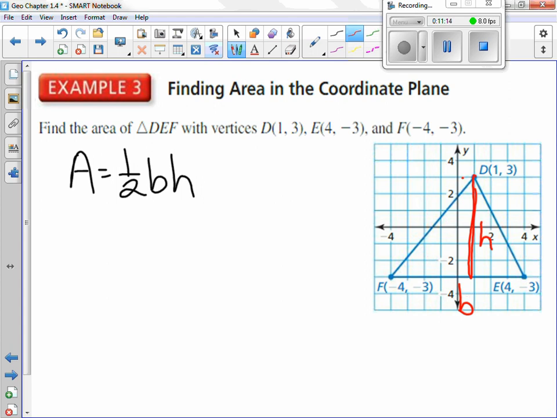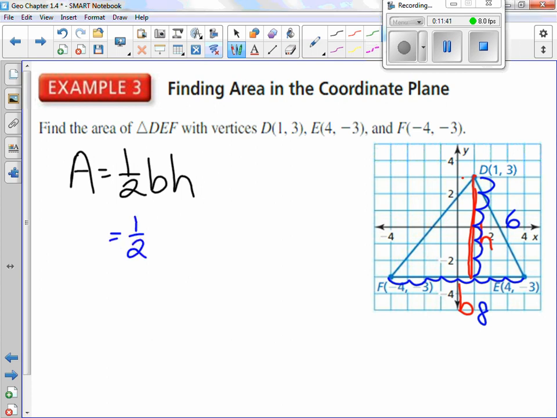Well, yeah, right? So what I can do here is count: 1, 2, 3, 4, 5, 6. I can count that, yes? 1, 2, 3, 4, 5, 6, 7. So the height is 6 and the base is 8.